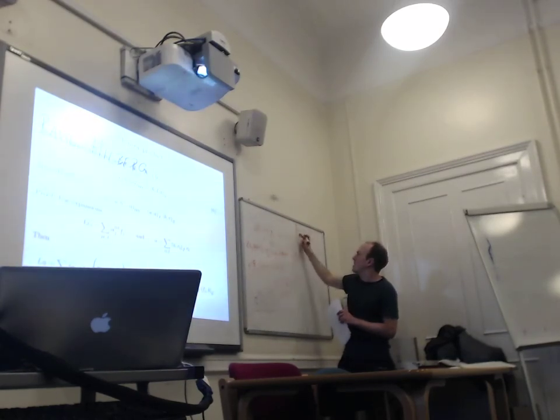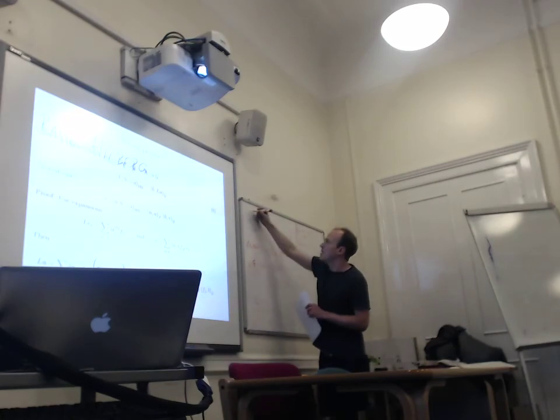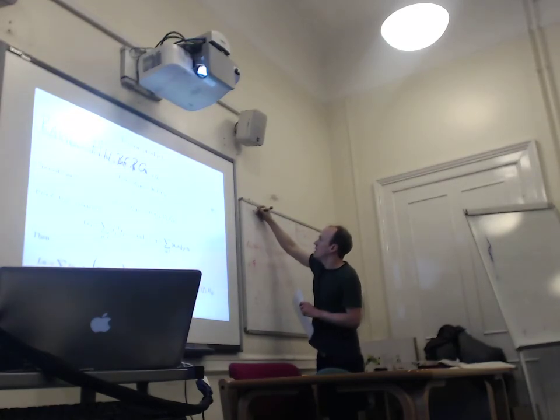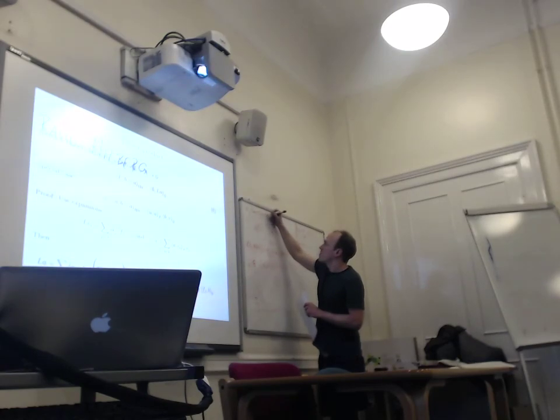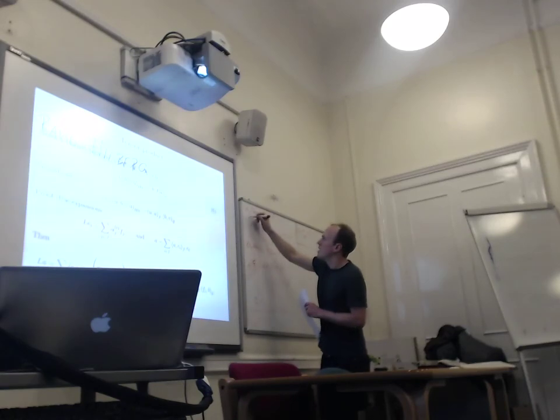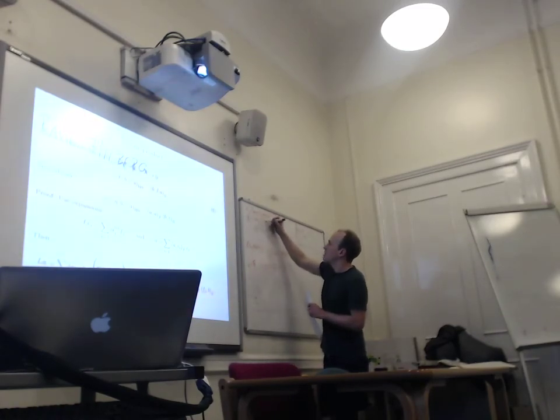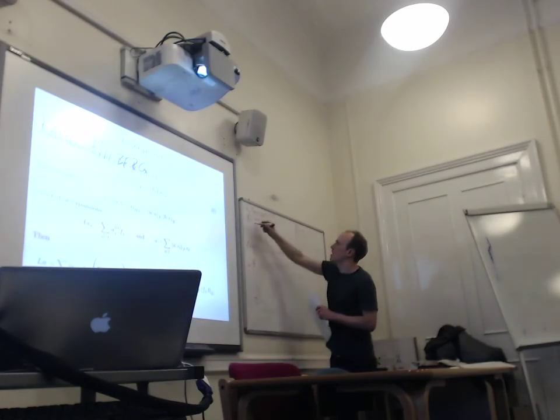Now I've defined E to be my basis functions in F space. I'm going to write it here: E_i are the basis functions in F space, and these little f_j's are going to be the basis functions in the G space.